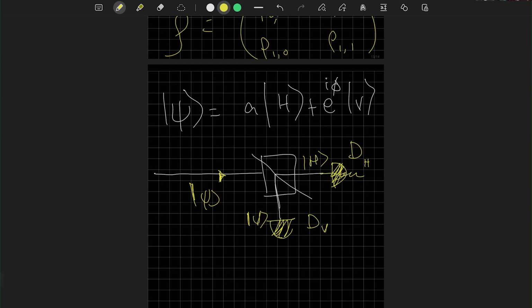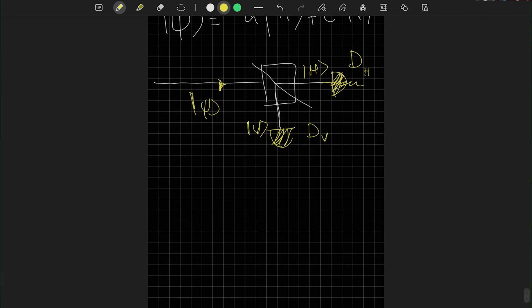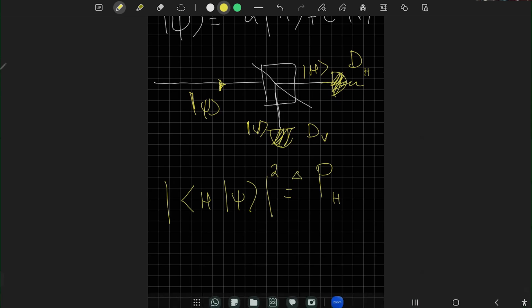So if I take this quantum state psi and find the overlap with H, this will be roughly the probability that detector H clicks, right? And this overlap of psi with H is A mod square, isn't it?